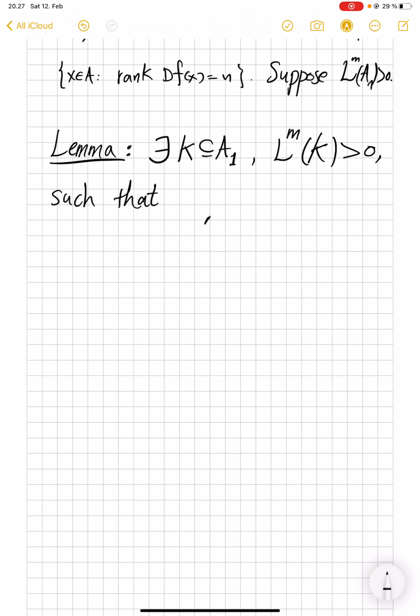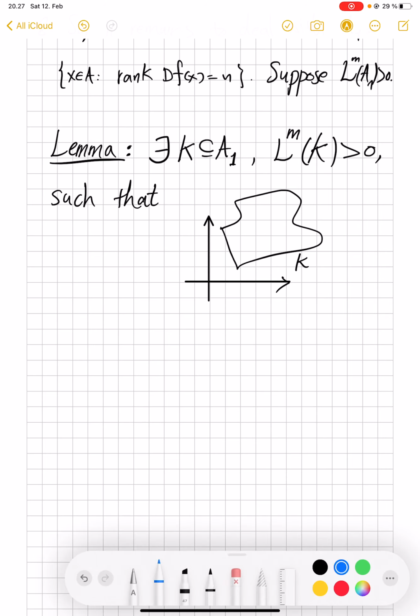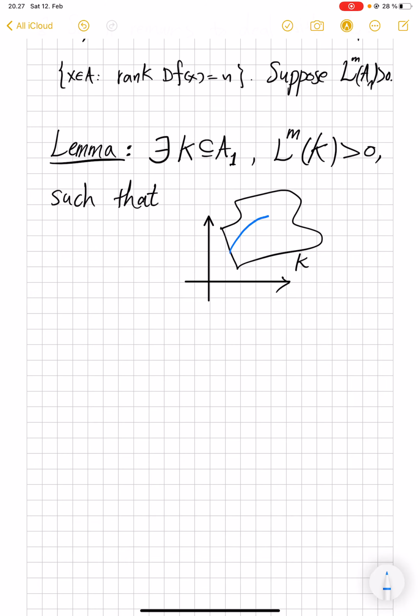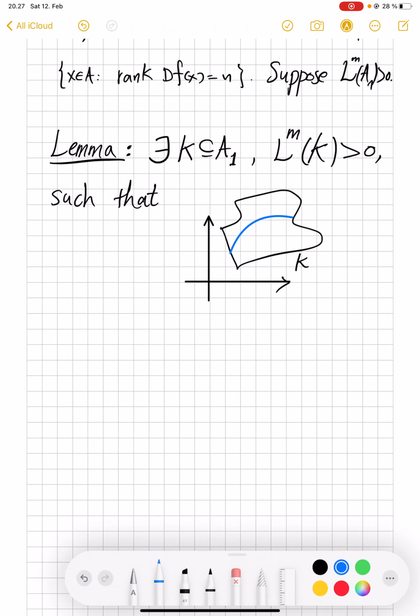So I like to have some clean pictures here. Hopefully, I'm not really good with them. Of course I cannot draw an arbitrary measurable K, so for illustration purposes at least, I want to draw an open set. This fiber also doesn't have to be even connected, but again, I draw a cartoon only.